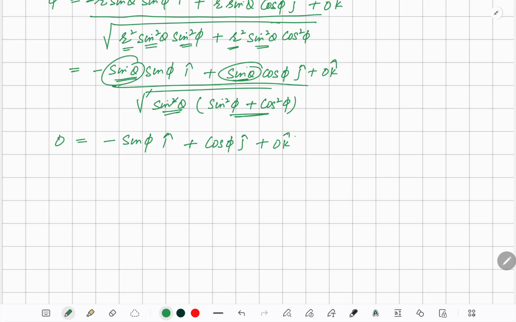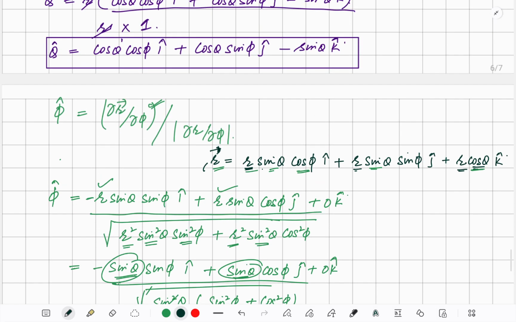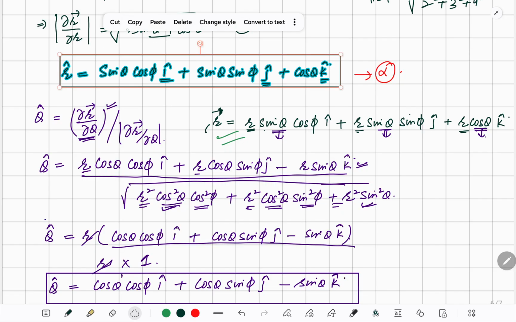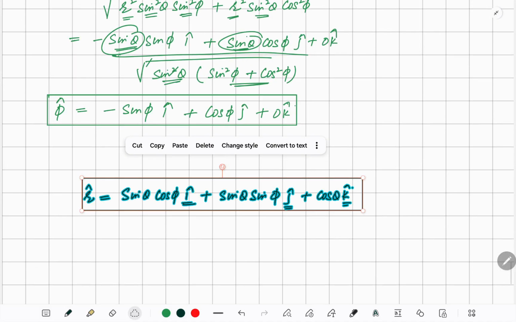So we are able to write the unit vectors of the spherical polar coordinate system, r cap, theta cap, and phi cap, in terms of i cap, j cap, and k cap. Now we have three important things: r cap, theta cap, and phi cap. Let me copy them and put them here.